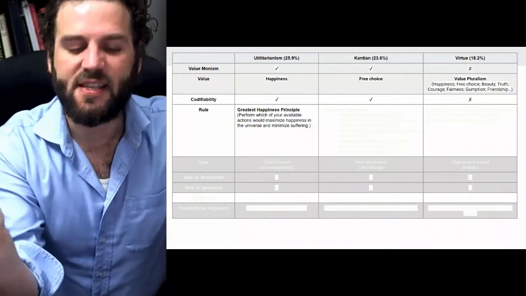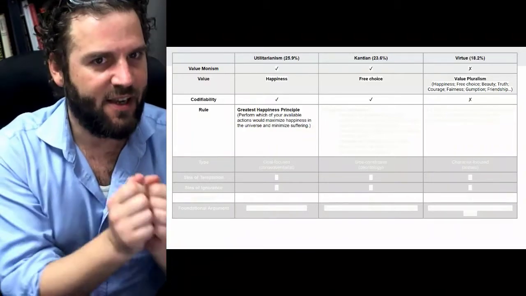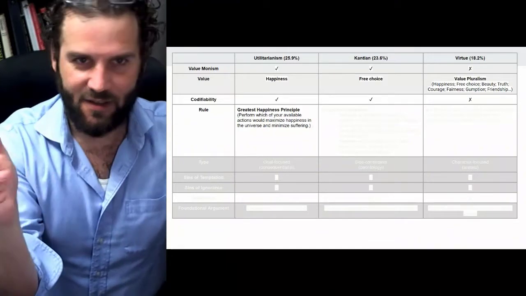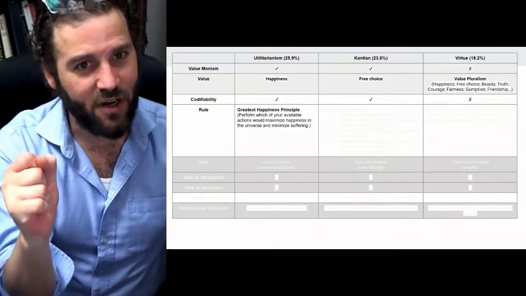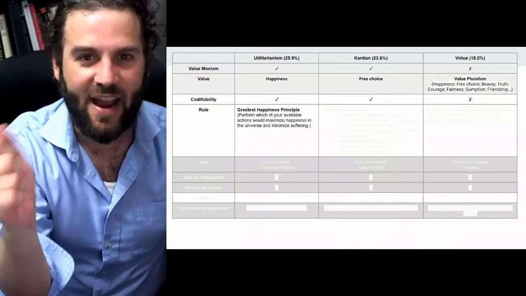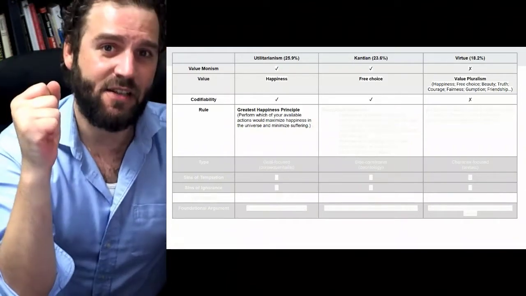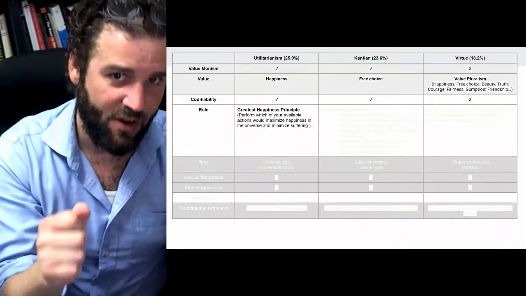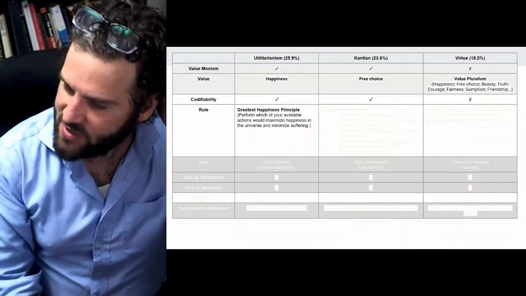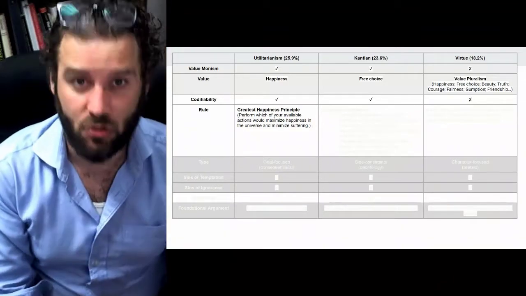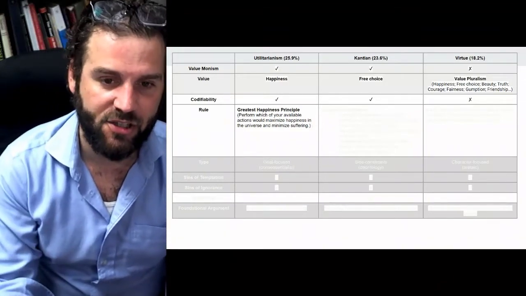If you calculated up all the happiness and suffering in the universe over the course of its entire history, and you can make it such that there is more happiness and less suffering in that history, that's the right action. And if there's something else that doesn't do that, that's what you shouldn't do. So that's the utilitarian action.